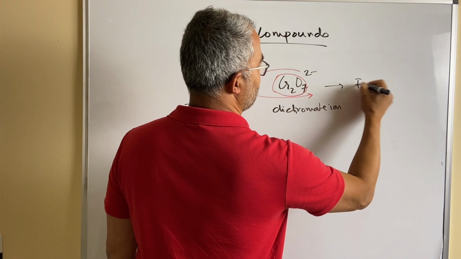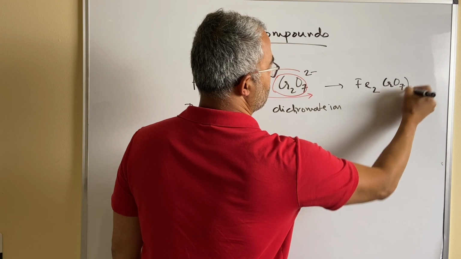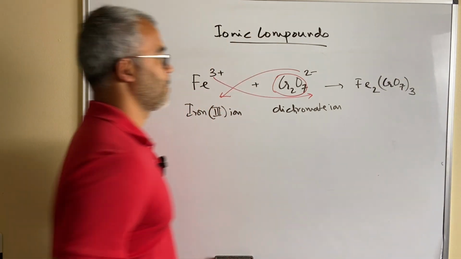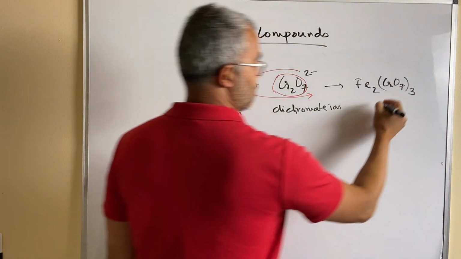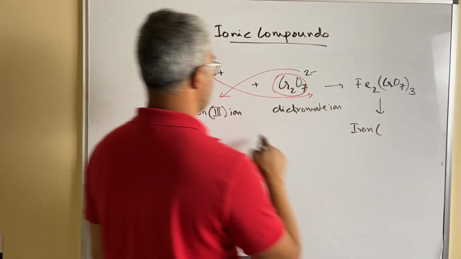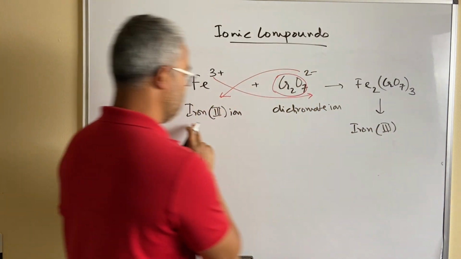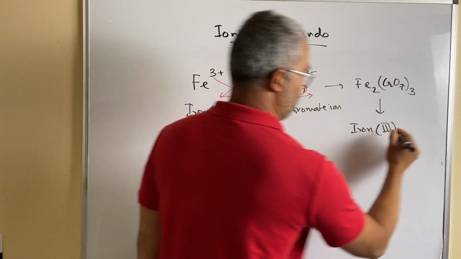So therefore you end up with Fe2 (Cr2O7)3. Okay? So therefore this one would be iron 3 dichromate. So you can get from the name dichromate.